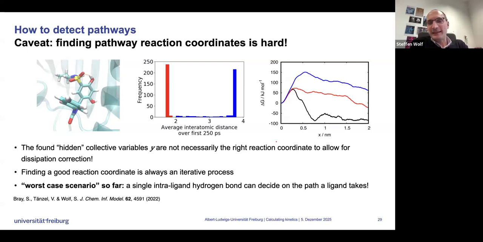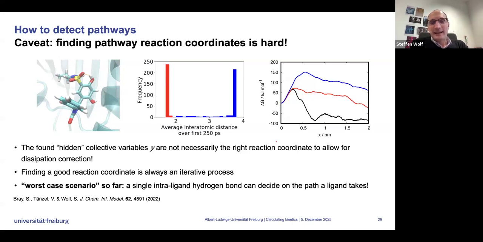And if we take the distance between these two groups, corresponding to the hydrogen bond, into account as a reaction coordinate, then again we can separate the respective free energy paths, so the respective pathways, and obtain good estimates of free energies of unbinding.